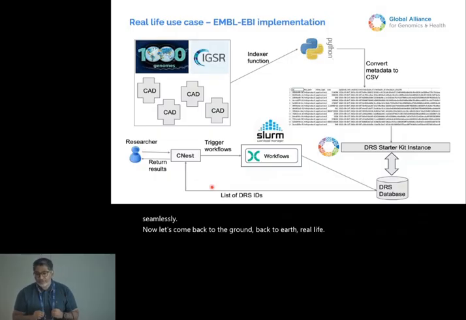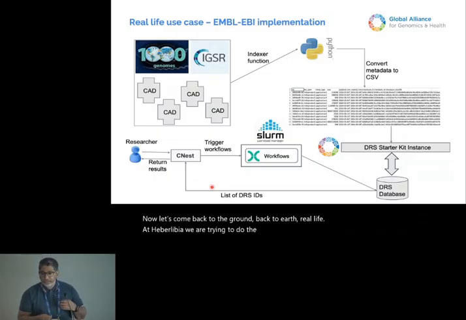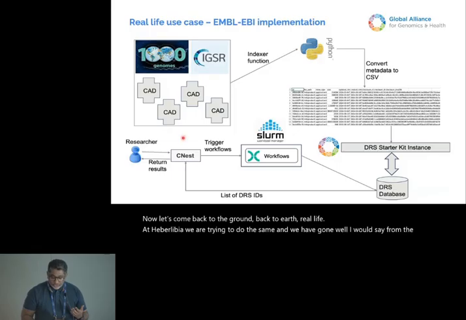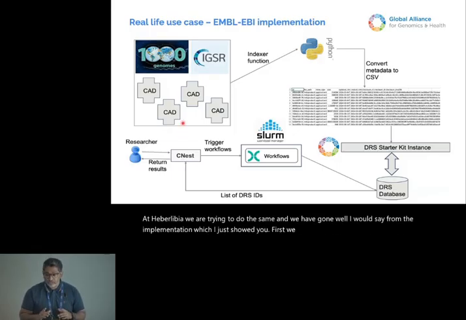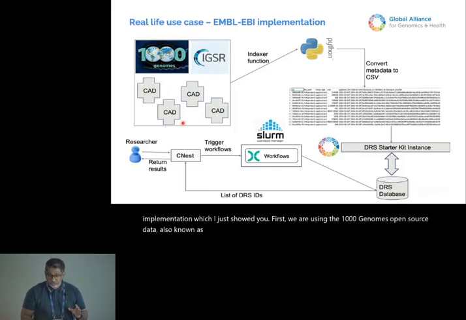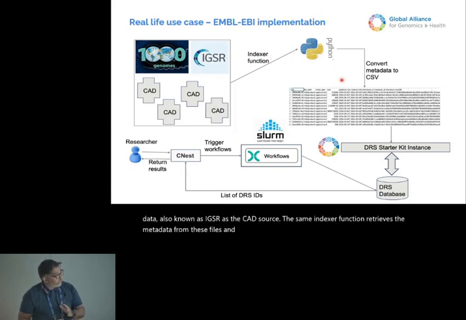At EMBL-EBI, we are trying to do the same, and we have gone, well, I would say, part of the way with the implementation which I just showed you. First, we are using the 1000 Genomes open source data, also known as IGSR, as the CAD source. The same indexer function retrieves the metadata from these files and converts it into a CSV.